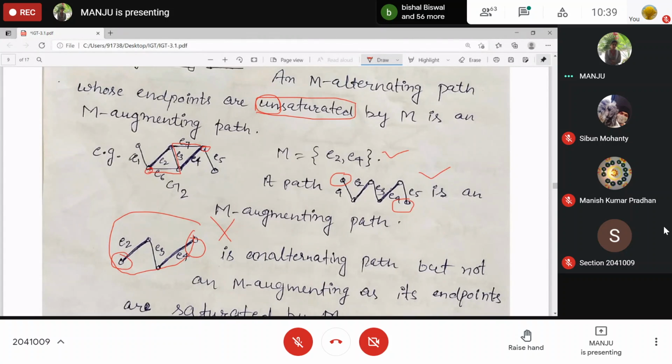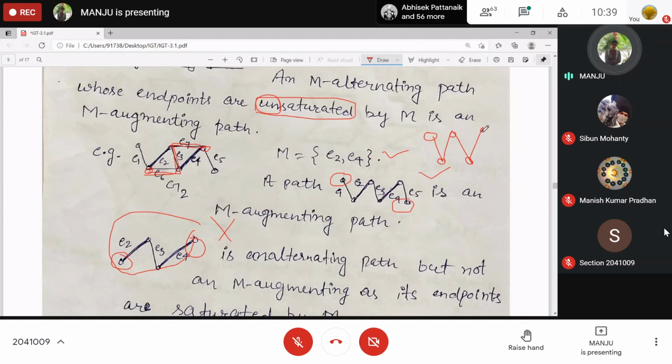Okay, so tell me the edges of M. E2 and E3, where is the alternation happening? E7 is outside M, E3 is outside M, E6 is outside M. How does M alternating work? If one is outside, then the second should be inside.